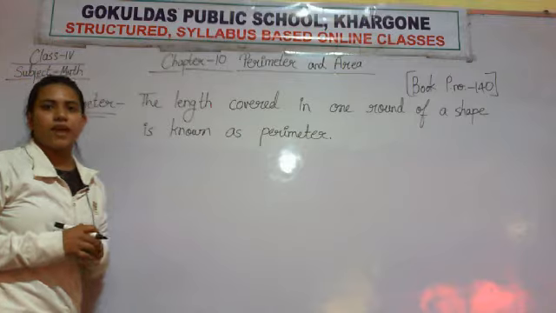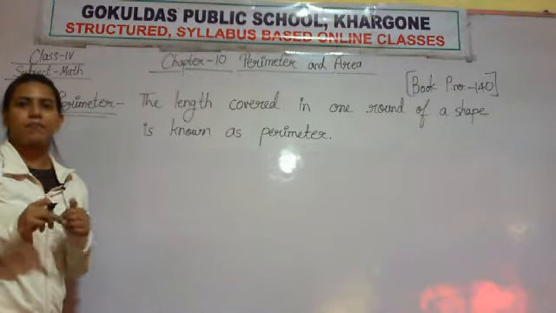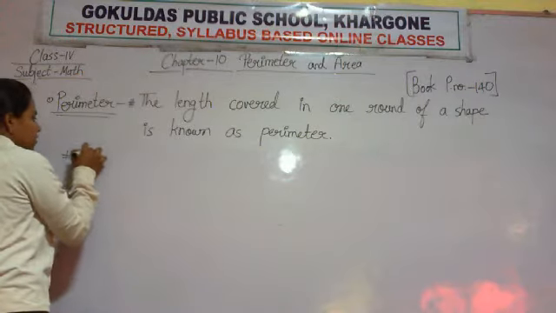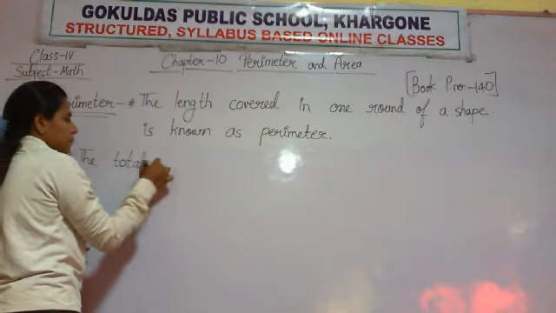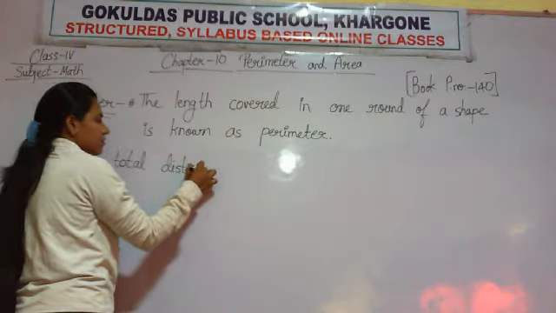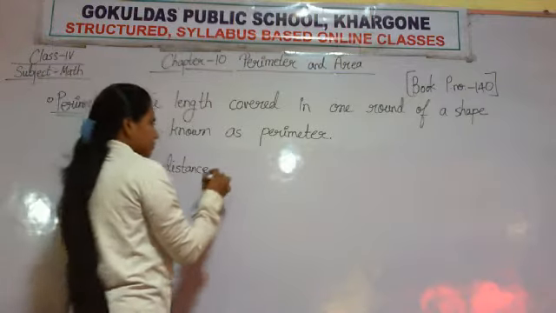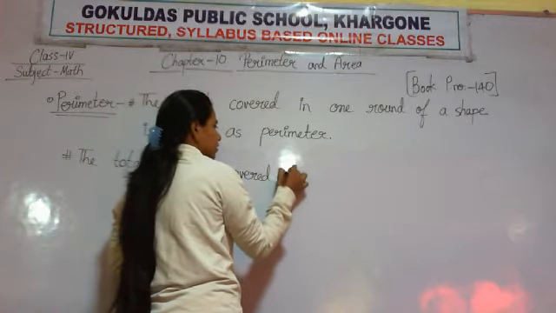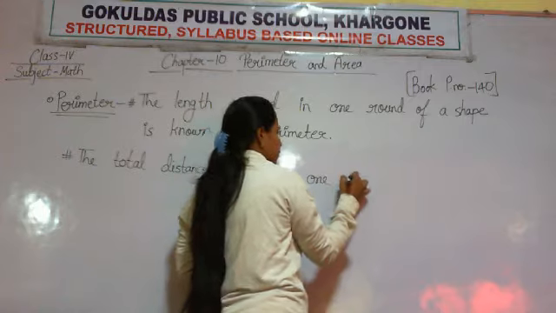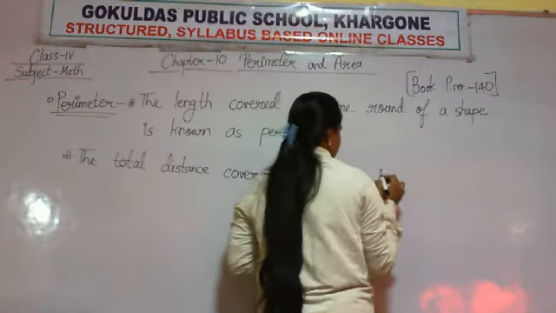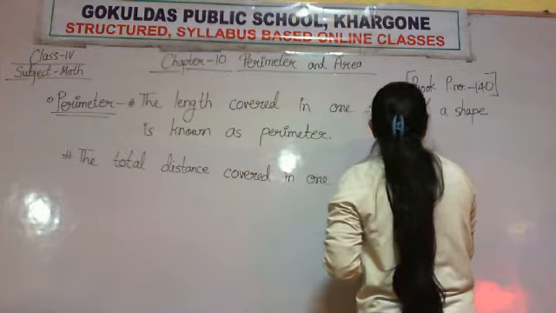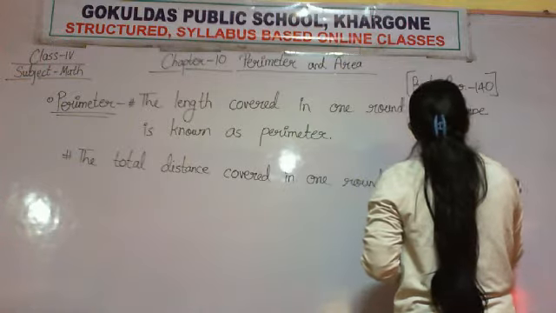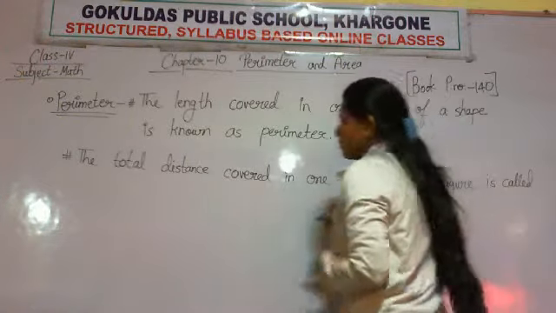Or one more definition we have, the total distance around a shape is called perimeter. The other definition is the total distance covered in one round of a figure or shape is called perimeter.